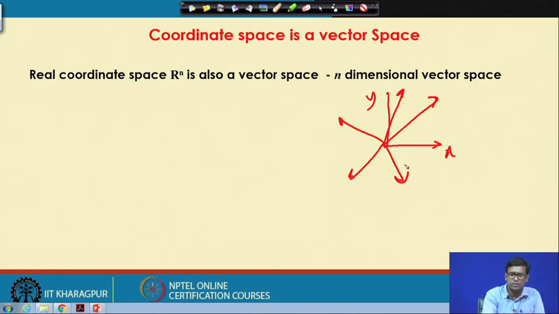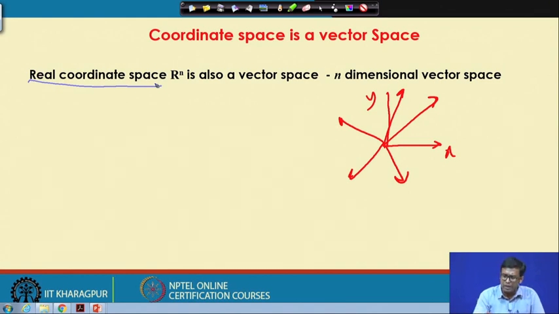And a coordinate space, or a real coordinate space, because there is no imaginary coordinate here, all the distances measured along an axis in the coordinate plane are real distances. So it is given as R with a superscript n, and this is called an n dimensional space when there are n components of the vector, or n dimensions expressed by that coordinate plane.